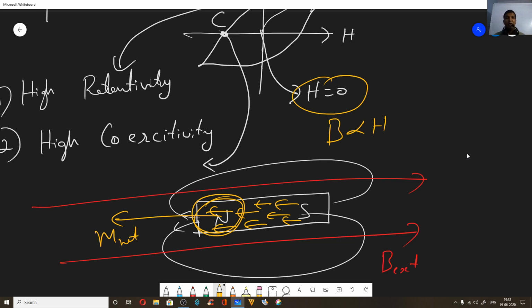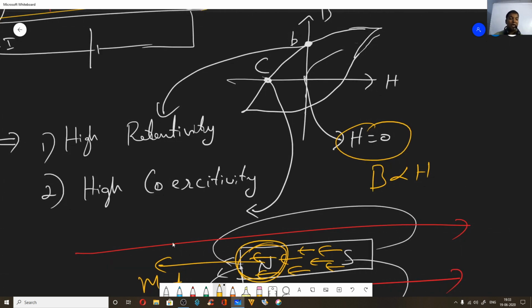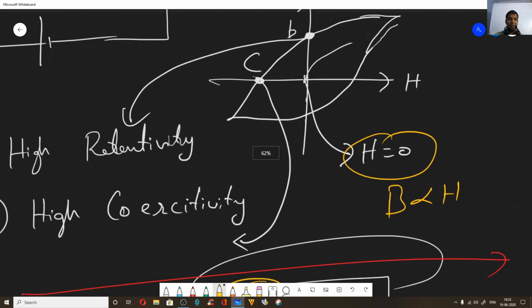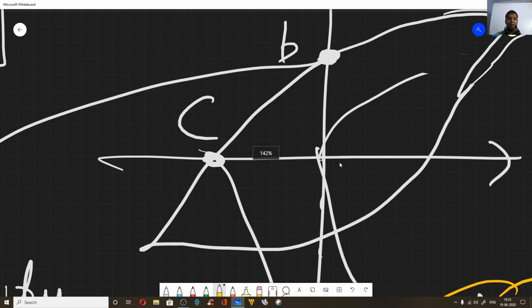The magnetic effect, the magnetic strength, to put it in simple words, the strength of the magnet will not be affected. So that is why we choose high coercivity. For example, if you look at this graph, if you keep this magnet in the Earth's magnetic field, you'll be reaching almost this point.